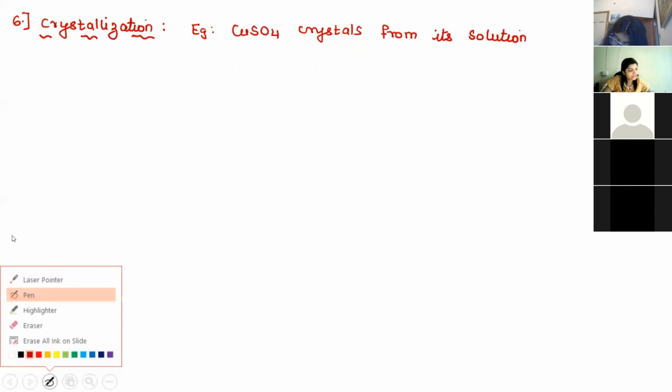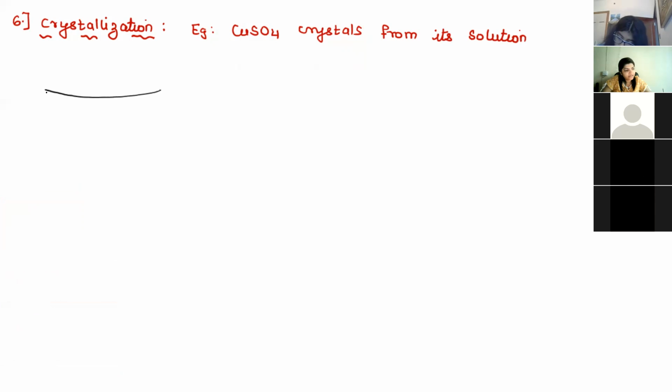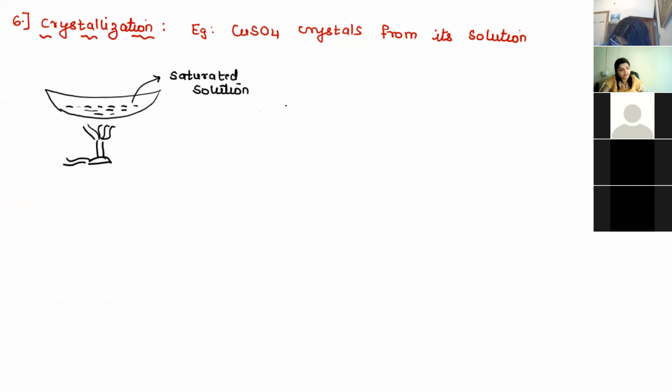In crystallization, you take a very saturated solution and heat it until crystals start forming.